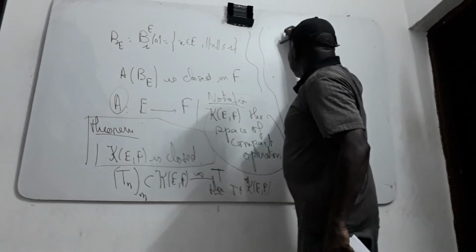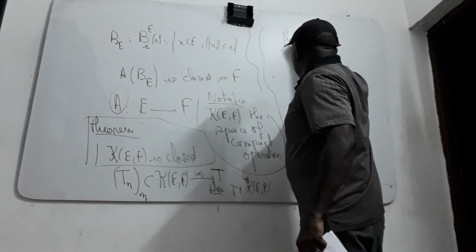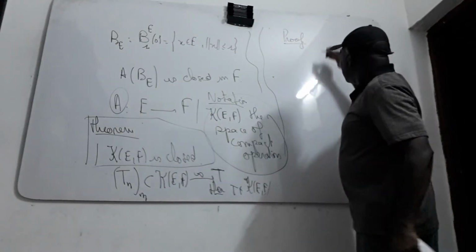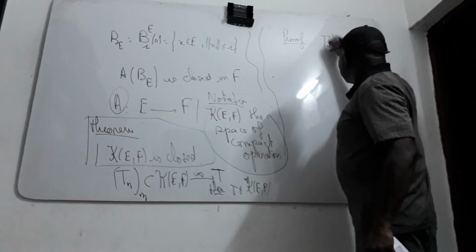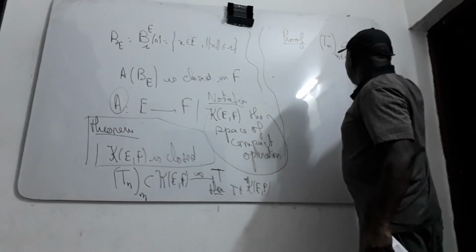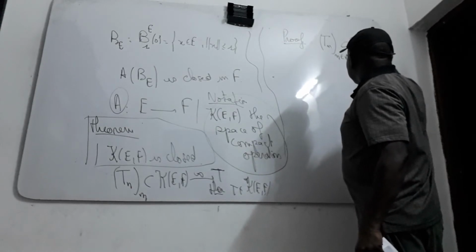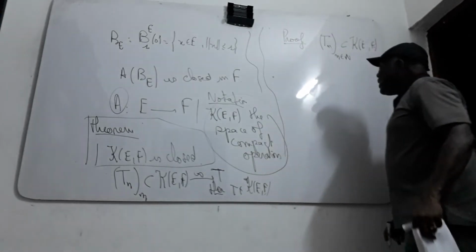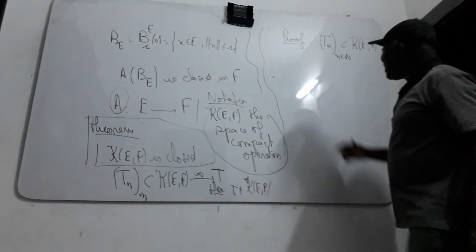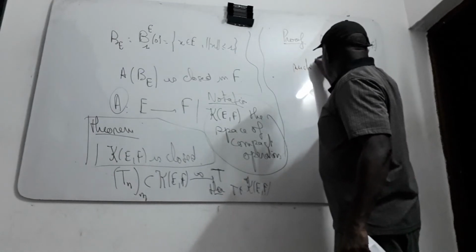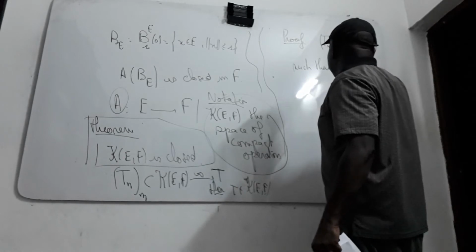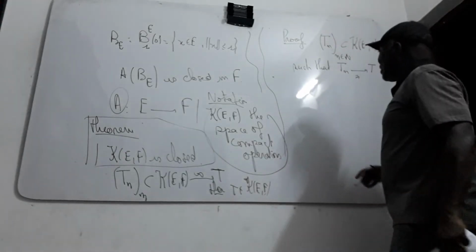Then we suppose that Tn is a sequence of elements of this space, and any Tn is compact. Now we are going to say that Tn converges to T at infinity.